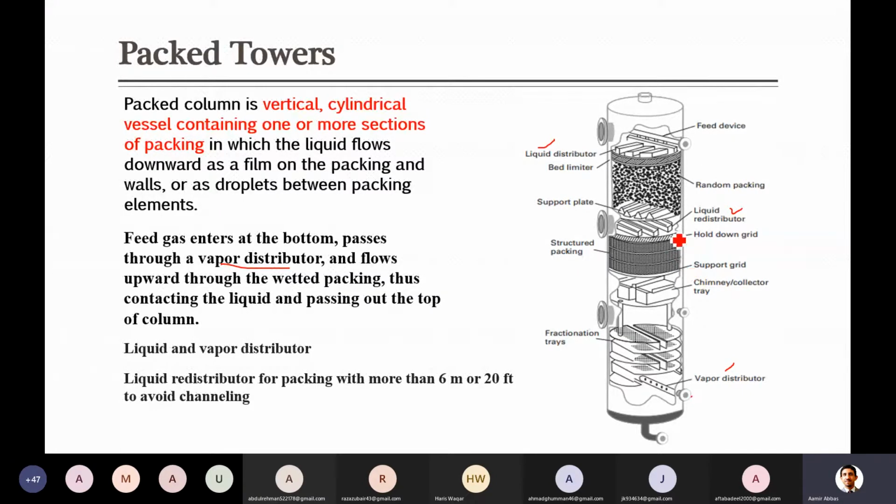Instead of passing all the liquid through the packing, which is a resistive path, and definitely packing provides resistance to the flow, liquid will look for an easy path. So liquid will start moving, instead of through the long path of the packing, from the sides or wherever there is less resistance.